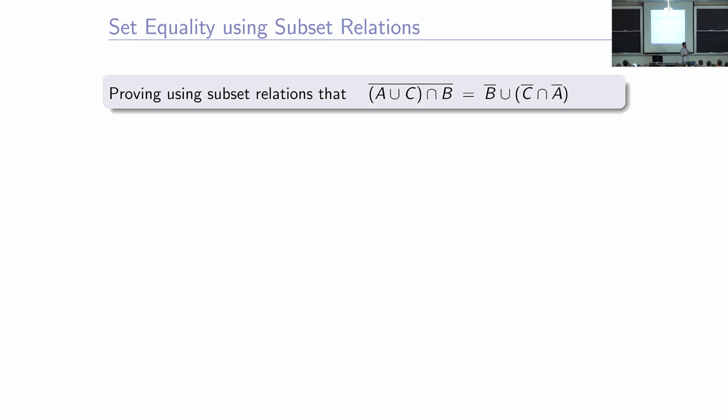But let's see. I'm going to prove that the set on the left hand side is a subset of the right hand side, and then we'll prove that the set on the right hand side is a subset of the set on the left hand side. This is the strategy I'm going to use to prove that these two sets are equal.